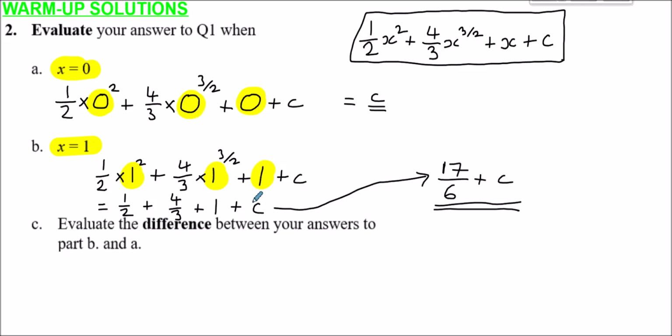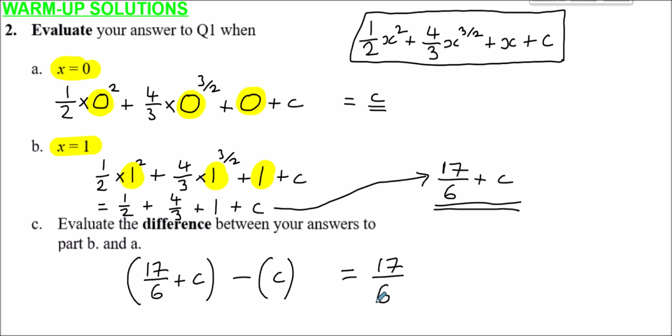And so for part C, all we need to think about is our answer from part B, subtract our answer to part A. And so if we just take 17/6 plus c, and then minus off the answer from part A, c, the c's are going to cancel out, and we're just going to be left with 17/6.